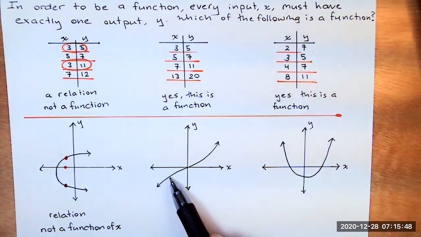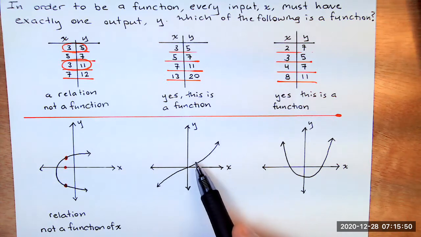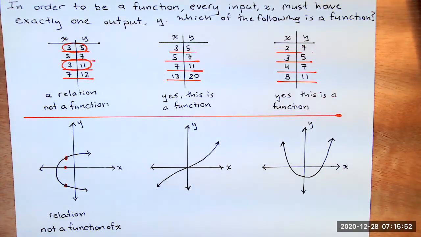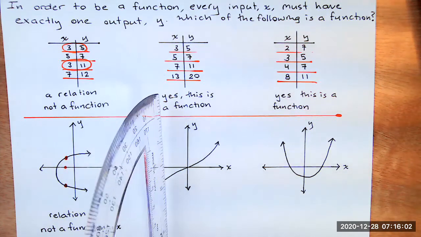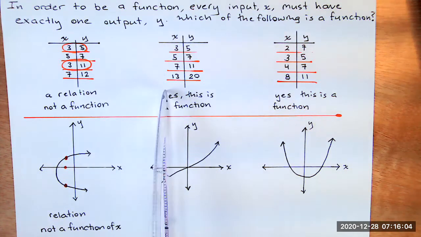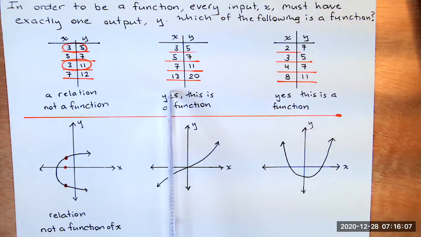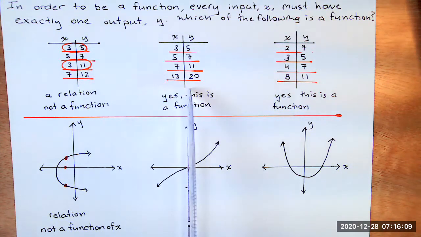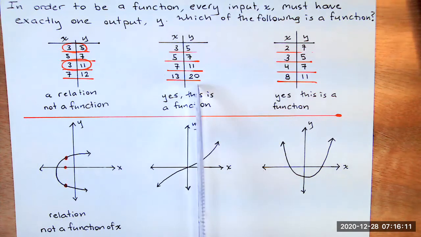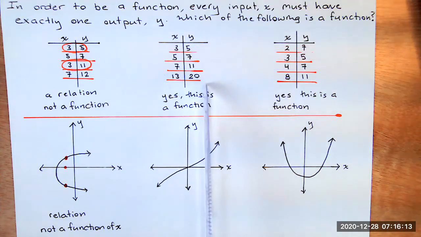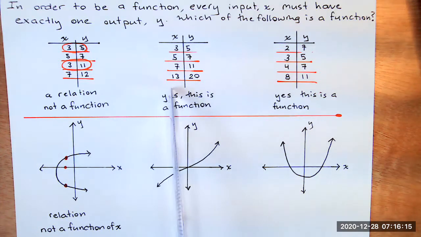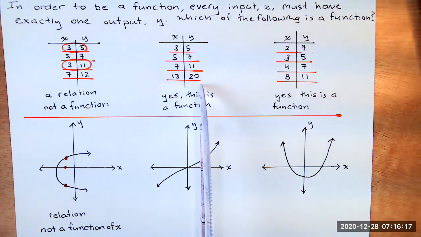What about this graph? Is this a function? Yes, every value of x has exactly one value of y. So one way you can think of this is if you pass a vertical line through it, if it only touches the graph once, then it is a function.